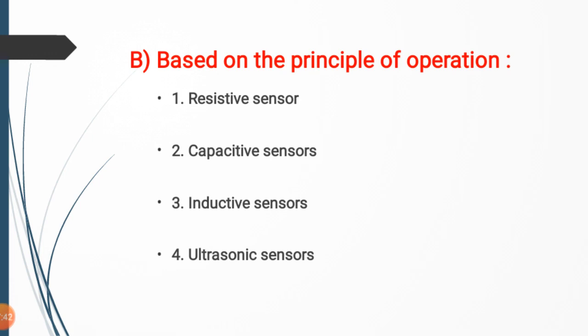The ultrasonic sensor has an operating principle like sonar. Ultrasonic waves are used to detect objects which are far away from us. These are the four types of sensors based on the principle of operation.